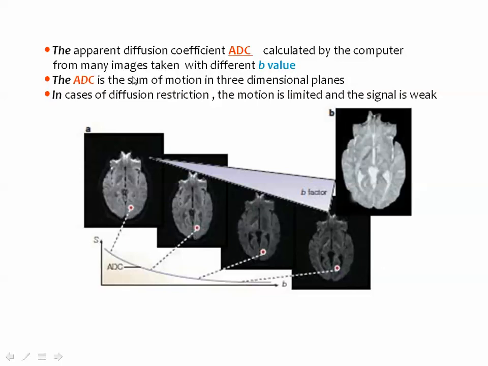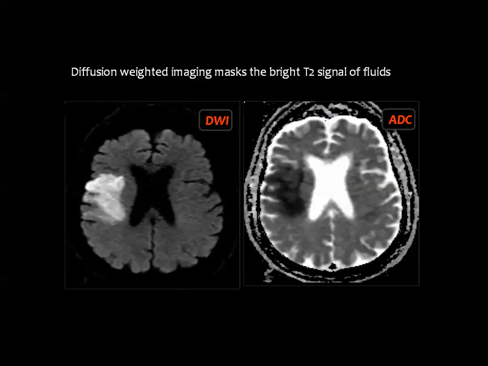In cases of diffusion restriction, there is no motion and there is no signal. Then in the ADC image, you get the site of the lesion. If there is diffusion restriction, the site of the lesion will be black, like this. This is the diffusion weighted image, and the lesion will appear bright because the motion of the protons is restricted, and you get high signal.